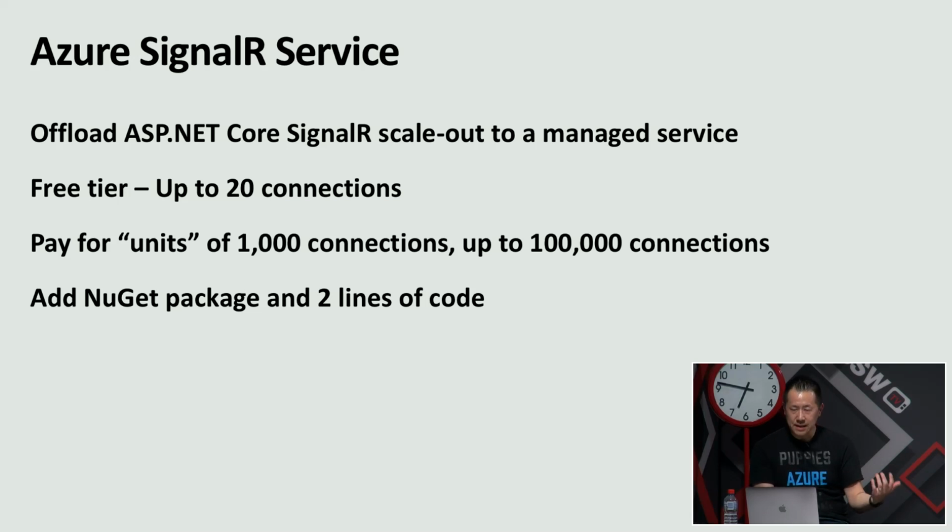So Azure SignalR Service is a fully managed real-time messaging service on Azure. There's a free tier. You can have up to 20 connections. And then you pay for additional connections, up to 10,000 or 100,000 connections right now. And you literally just add a NuGet package and a couple lines of code. And now your application is using SignalR Service.